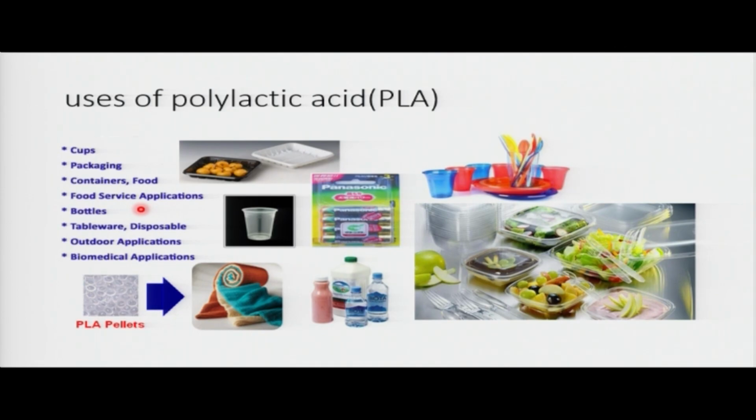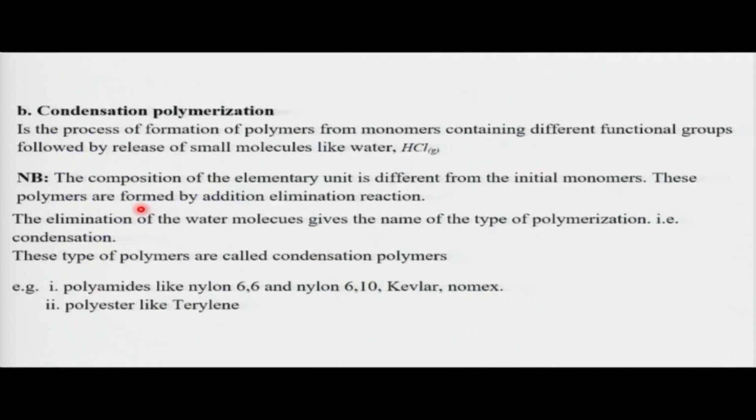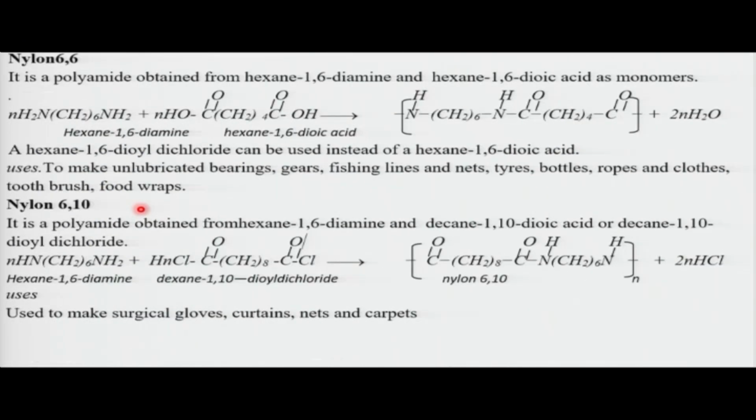The beauty about polylactic acid, as we have said, is that it is biodegradable. So let's continue also, and we pass through our condensation polymers. Last time we looked at them on the blackboard, but we can pass through them here on our slides because we can look at some of our uses.